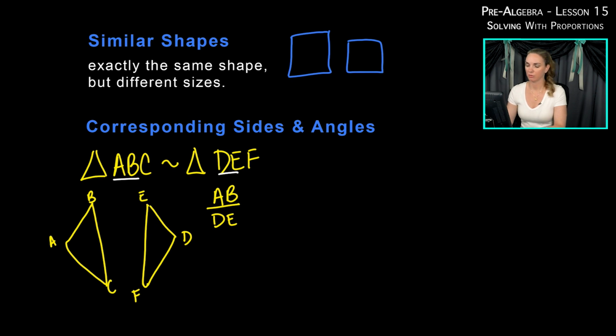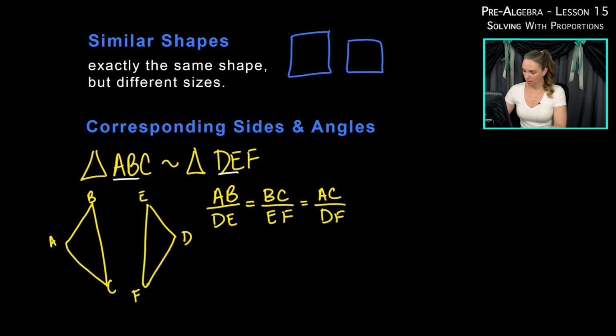So I know that those are proportional. Continuing on, I can also say that BC is proportional to EF, and then I can also say that AC is proportional to DF.